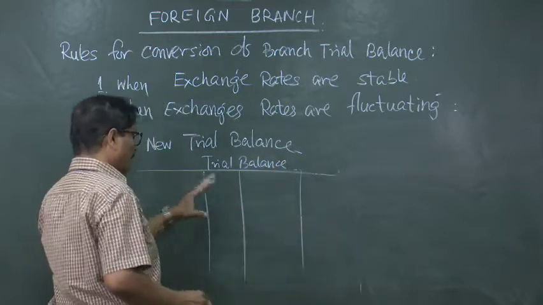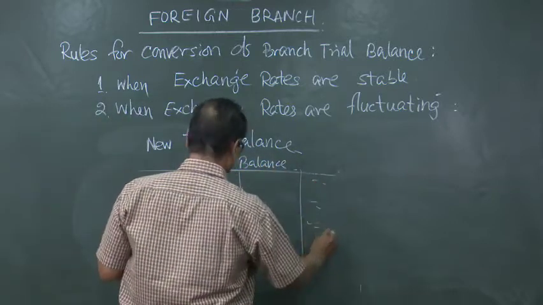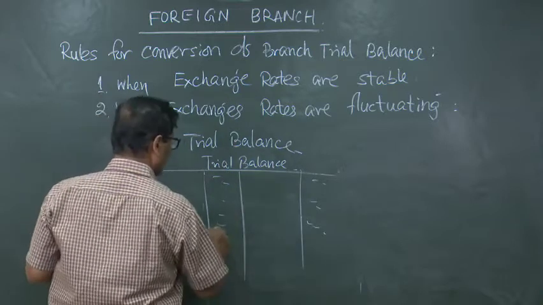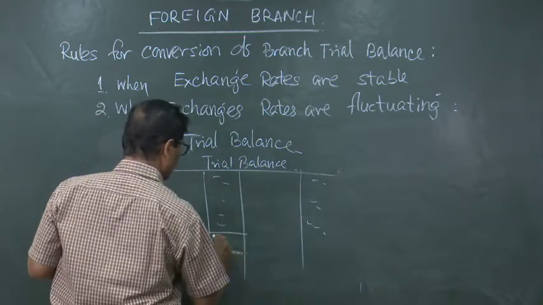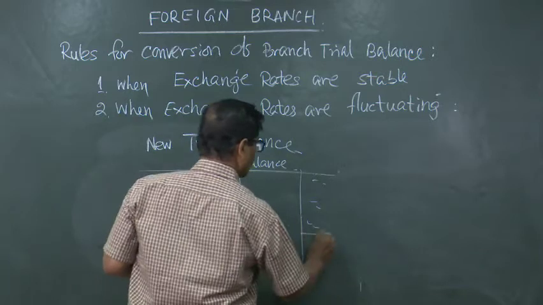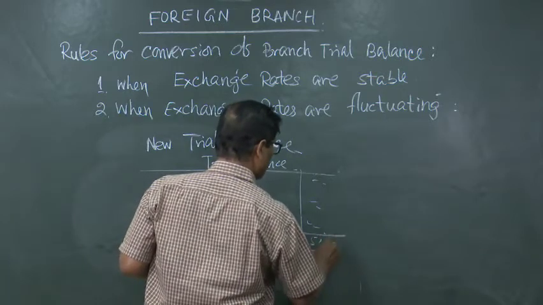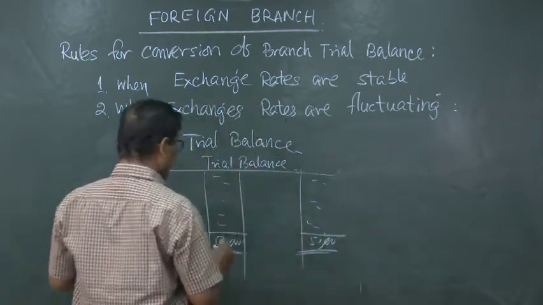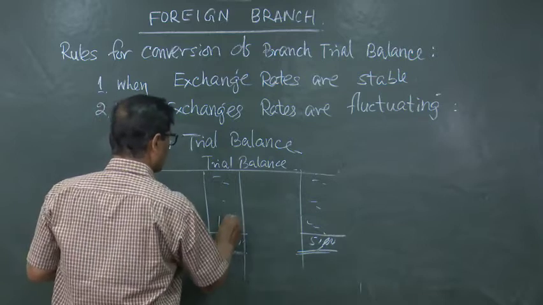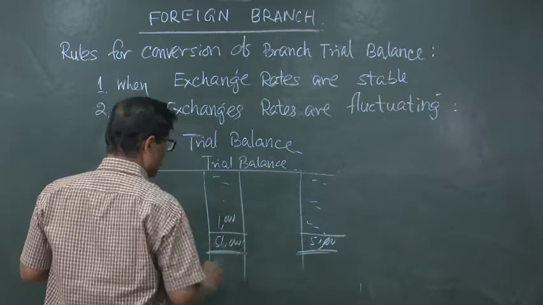Write all the credit side items and debit side items. Suppose this is coming to 50,000 and this is coming to 51,000. So, there will be a gap of 1,000 here, so that it will be 51,000.